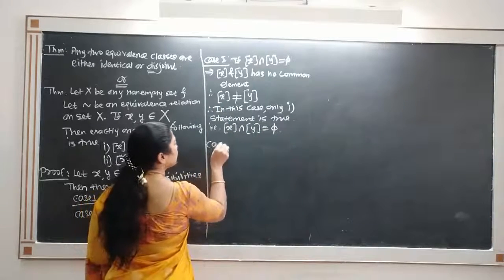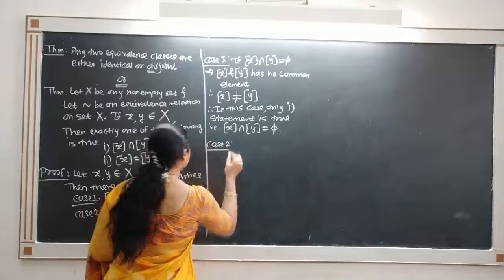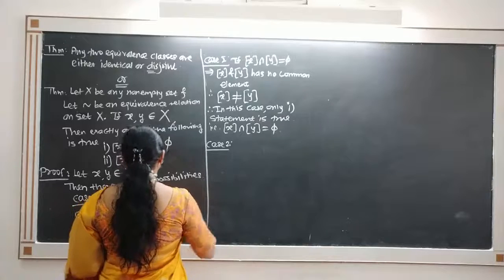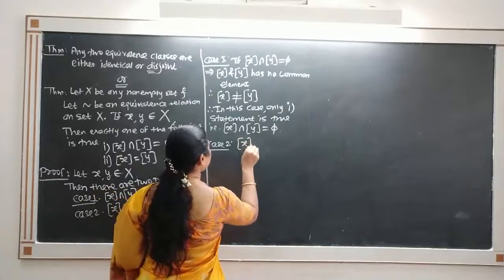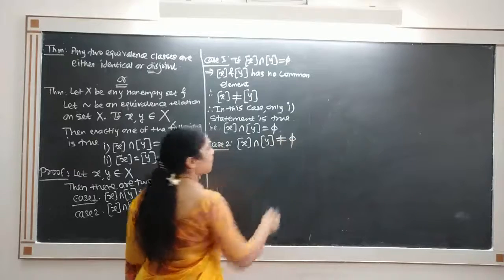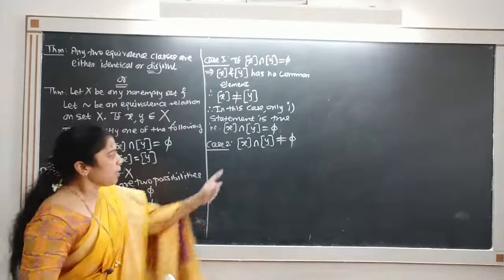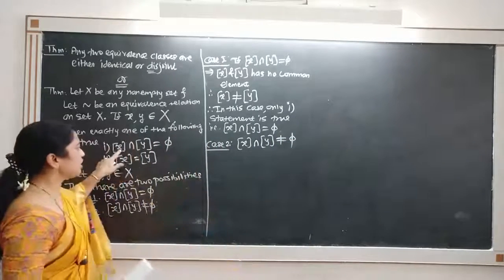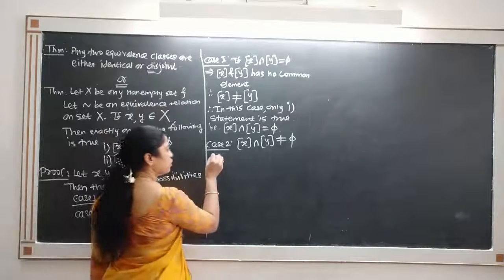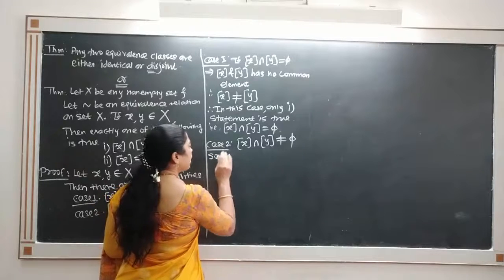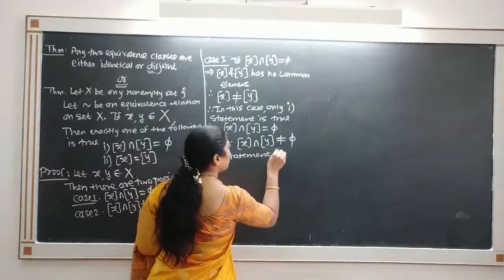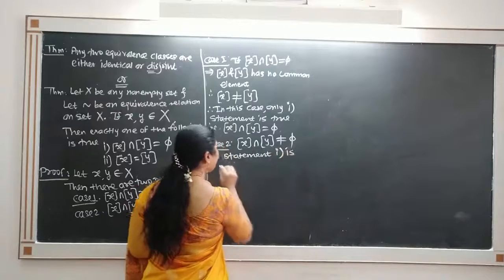Now consider case 2. Case 2 is that the equivalence class of x intersection the equivalence class of y is not the empty set. In this case the first is not happening, so we should prove that the second will happen. So statement 1 is not true in this case.